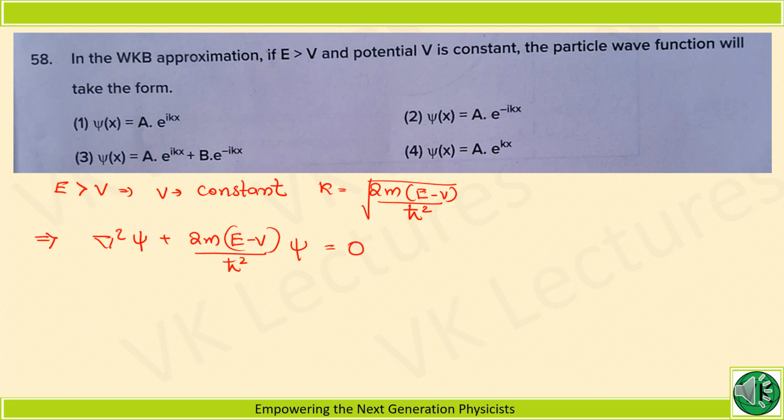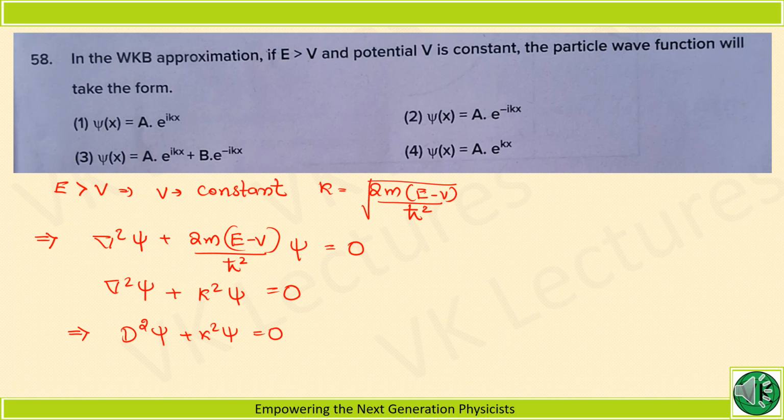Now we can write this as del square psi plus k square psi equal to 0, since 2m(E minus V) by h cross square is nothing but k square. In differential form we can write d square psi plus k square psi equal to 0.